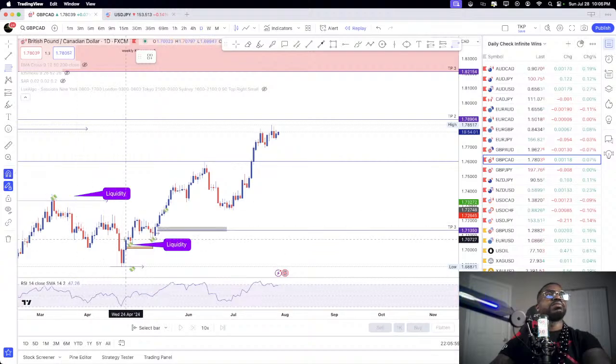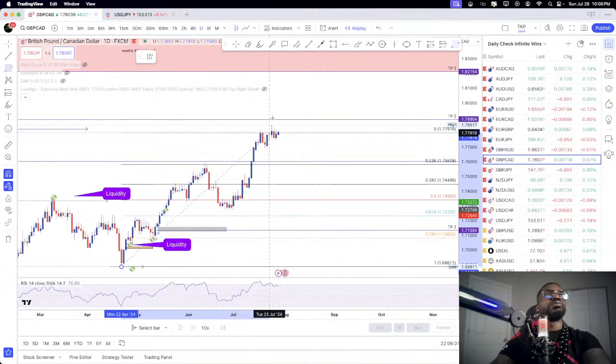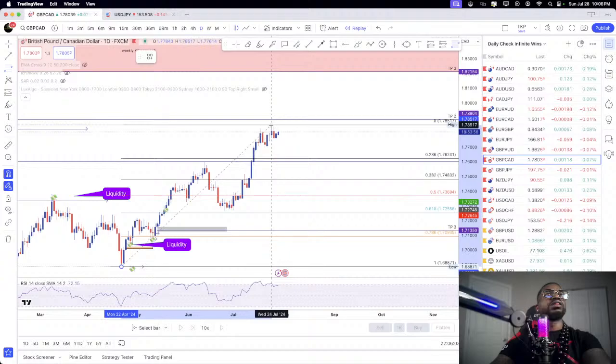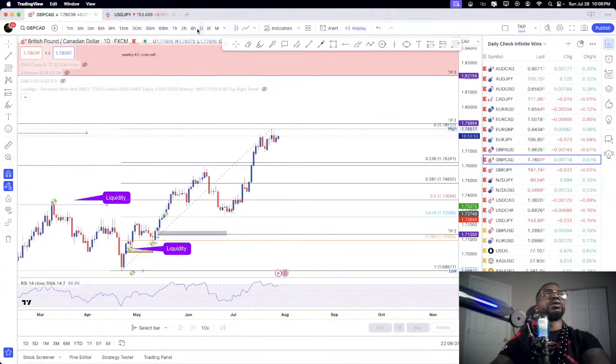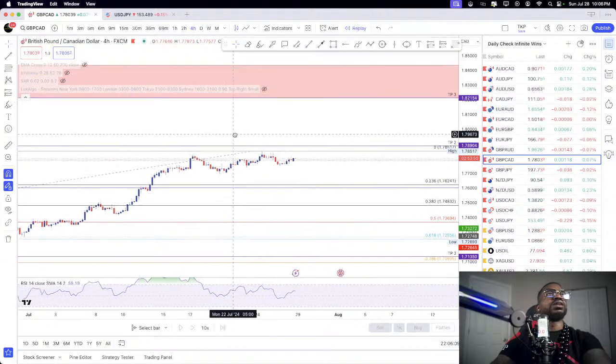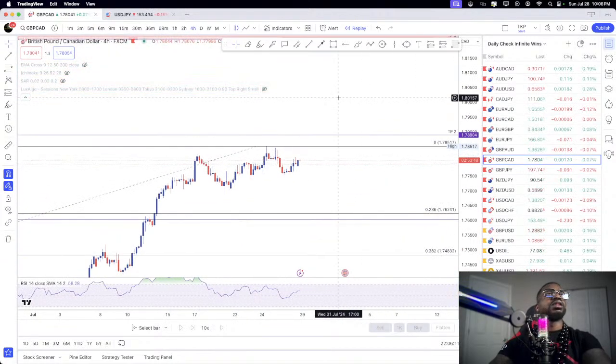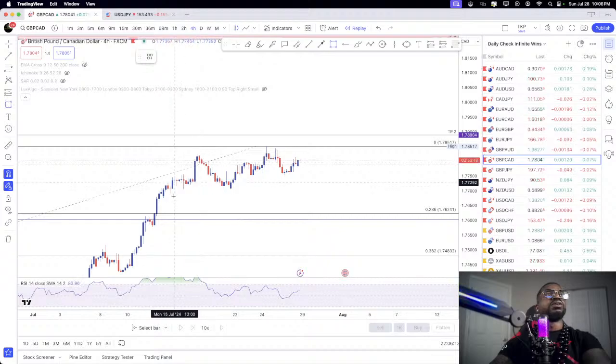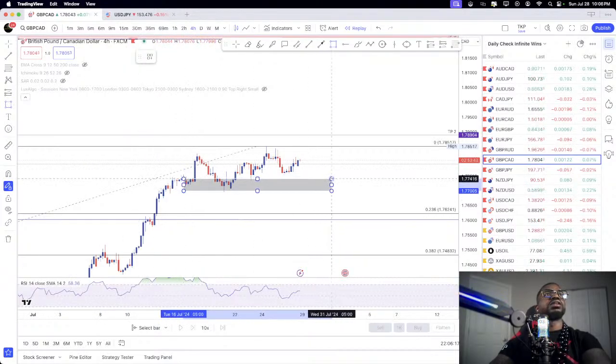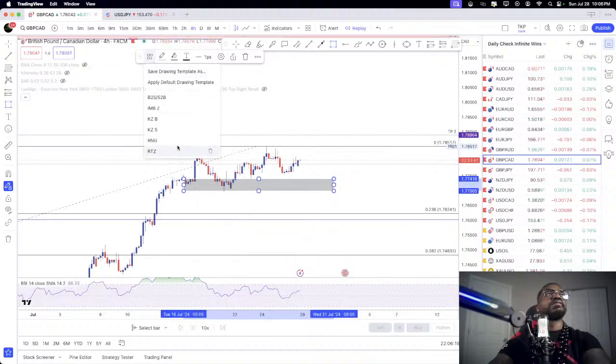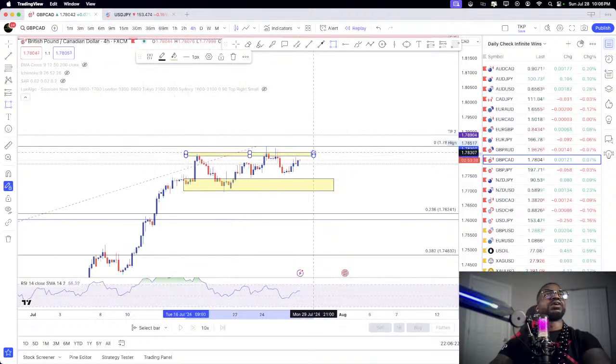So right now, I just want to measure this move. Just in case price did pull back, where would it go? That's what we want to see. So we're doing the same thing, trapping price. Okay.